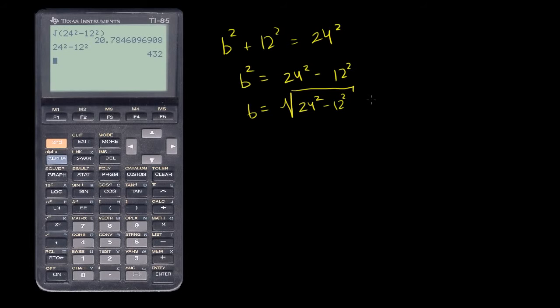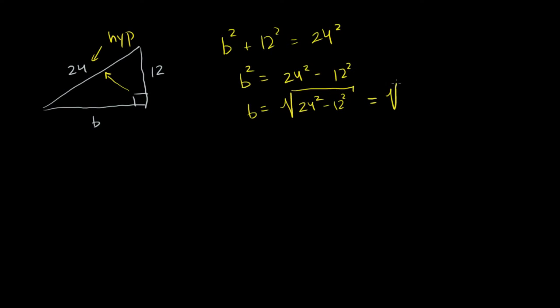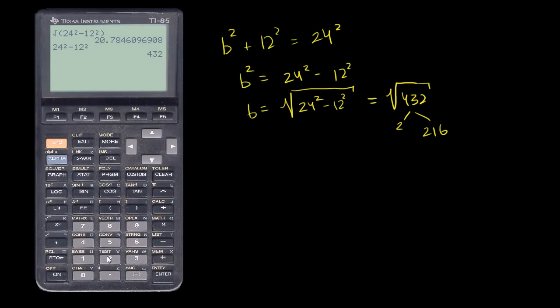So b is equal to the square root of 432. And let's factor this again. We saw what the answer is, but maybe we can write it in a simplified radical form. So this is 2 times 216. 216, I believe, is a perfect square. So let me take the square root of 216.